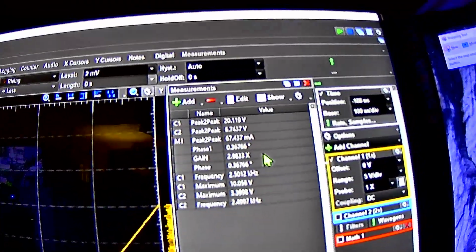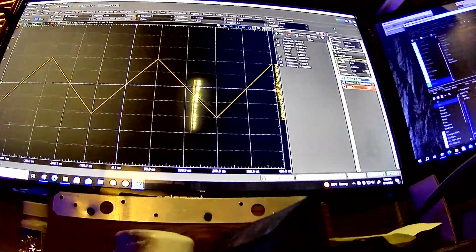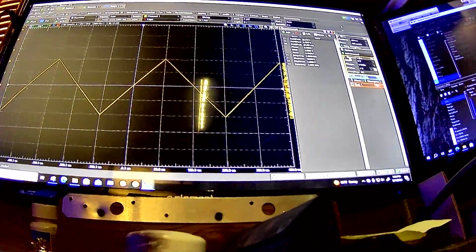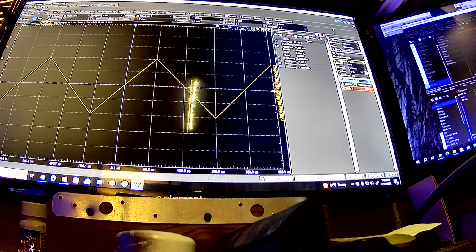The frequency right now I have set to 2.5 kilohertz. But with a 500 kilosample DAC, the maximum actual frequency you could generate is about 250 kilohertz, and that assumes you're outputting a high and then immediately a low and then a high again, etc.